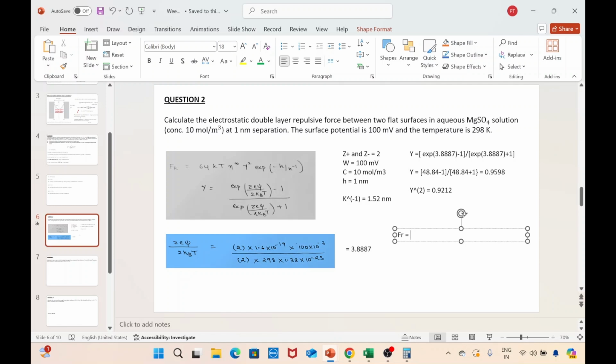is your concentration, or M, molarity in terms of mole per meter cube. So concentration is given in terms of mole per meter cube. So we need to replace this with n infinity here.